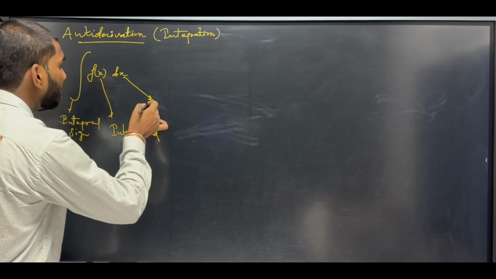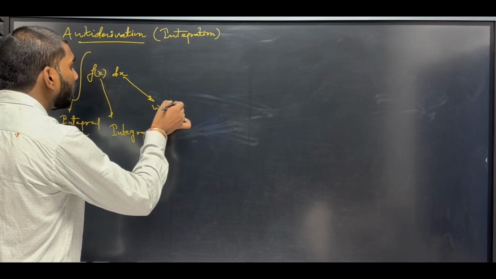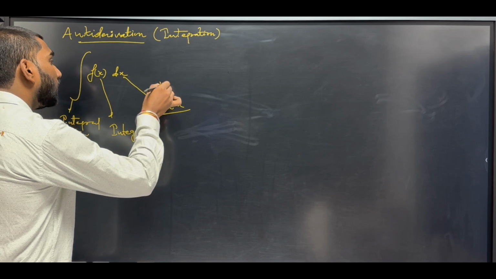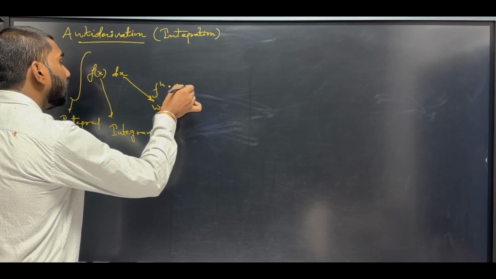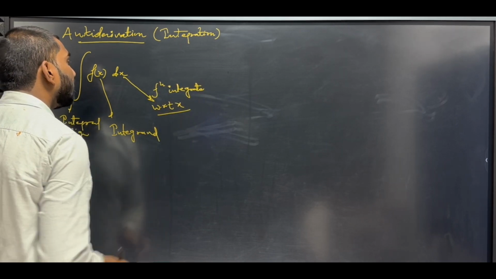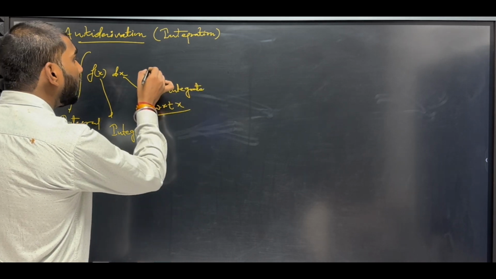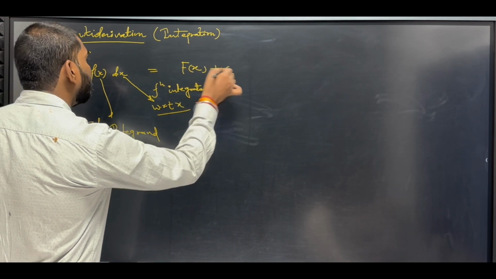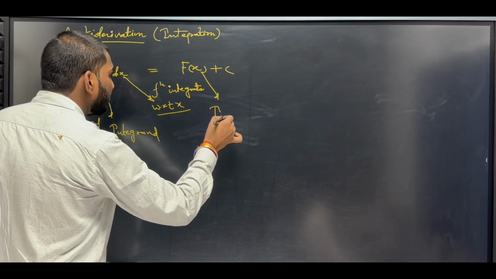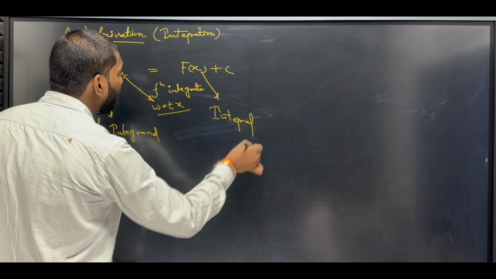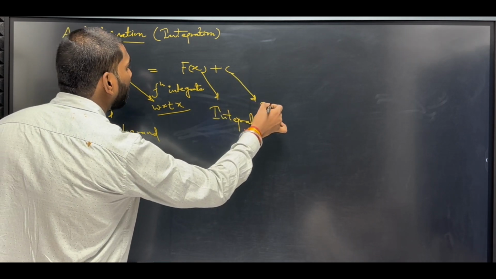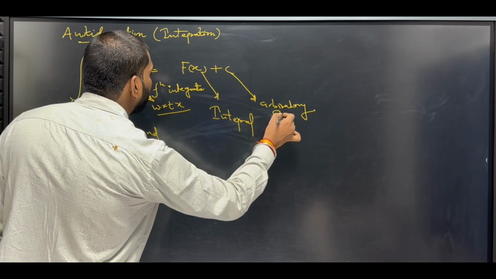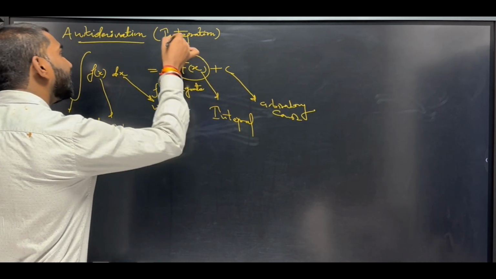The function which will be integrated with respect to x is equal to F(x) plus c. That F(x) is called the integral, and c is called the arbitrary constant.